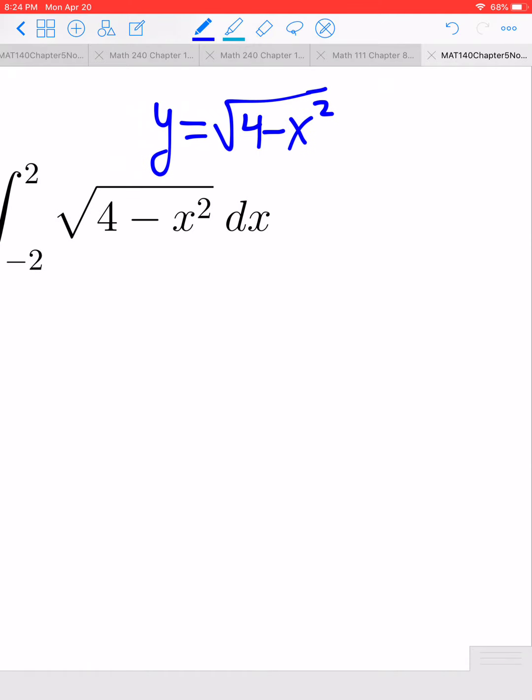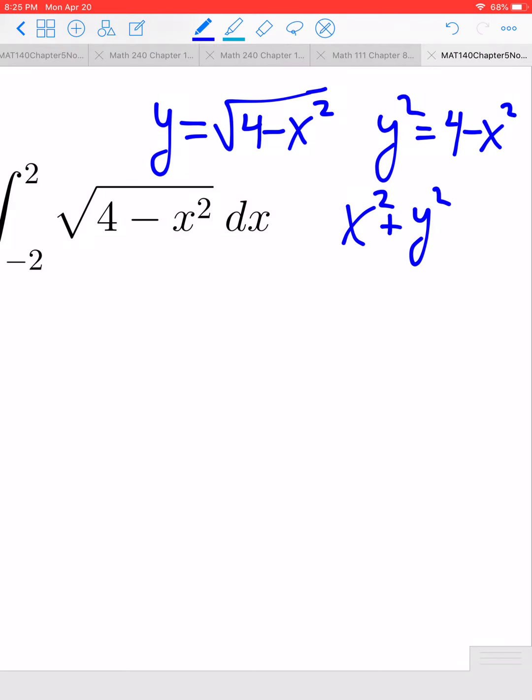To see what this equation looks like, let's go ahead and square both sides. If we square both sides, we would get y squared equals 4 minus x squared. I'm then going to add x squared to both sides to get x squared plus y squared equals 4.